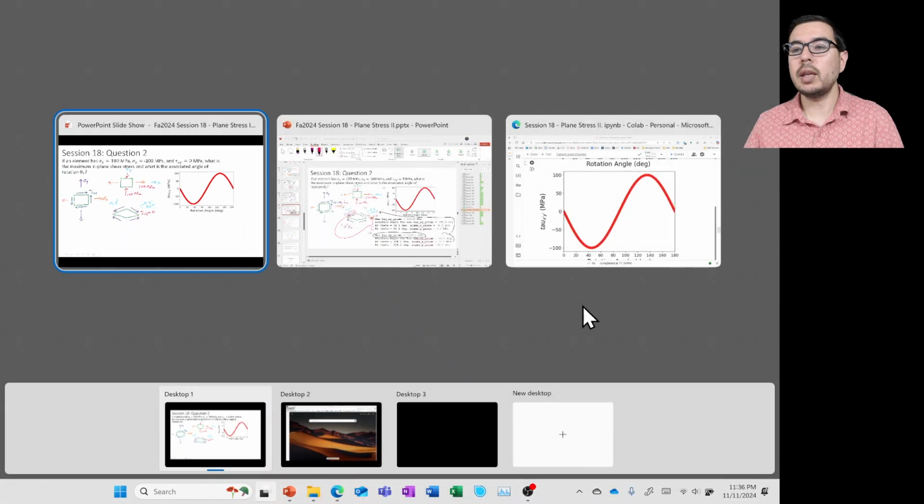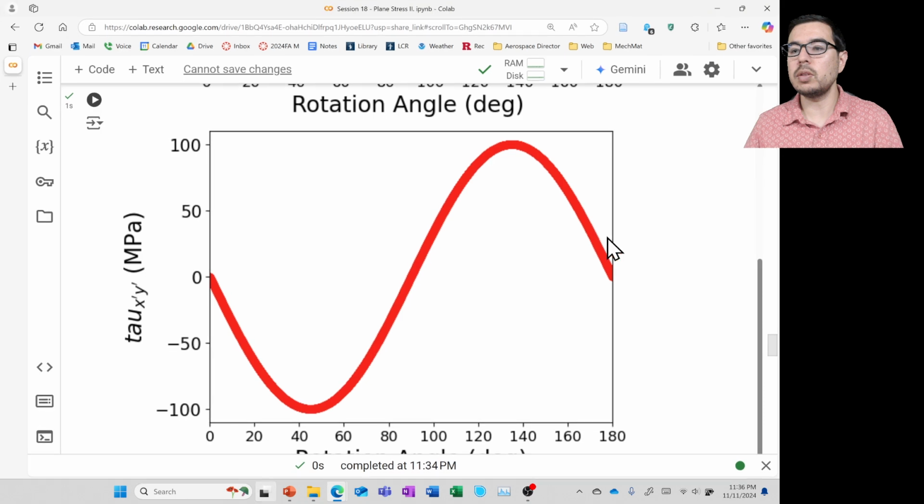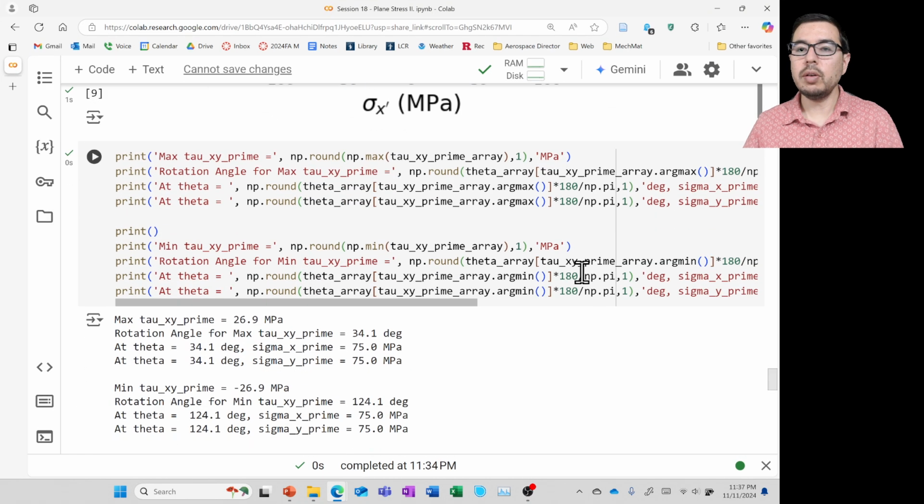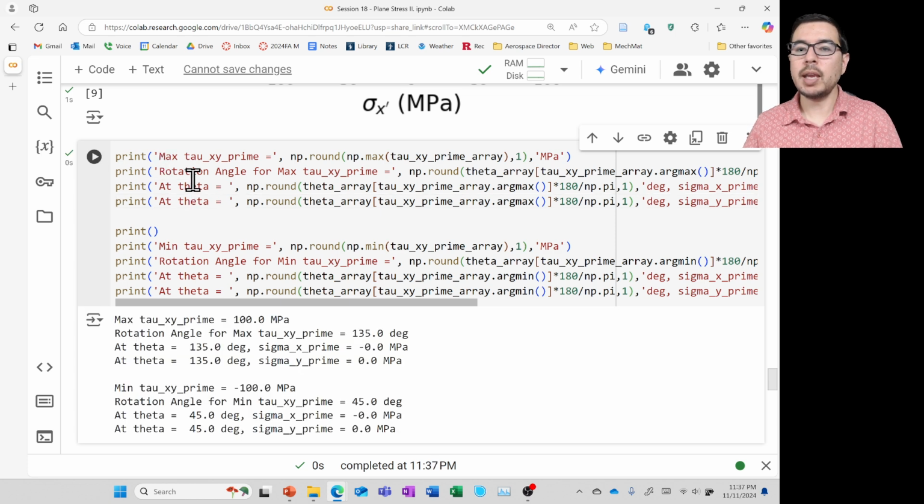Let's use the other parts of the script that are available to us. So here, we'll run this. This is going to spit out the max tau xy prime and what that rotation angle is. It's right at 135 degrees. And we'll see that min tau xy prime is equal to minus 100 megapascals at 45 degrees.